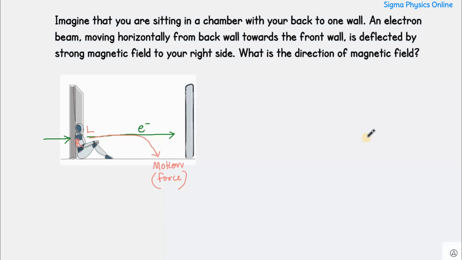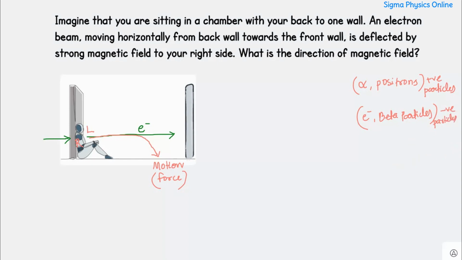Before we solve this one, I'd like to tell you one thing, that whenever you are given particles like alpha particles or positrons, understand that these are positively charged particles. And if you are given electrons or beta particles, remember that these are negatively charged particles.